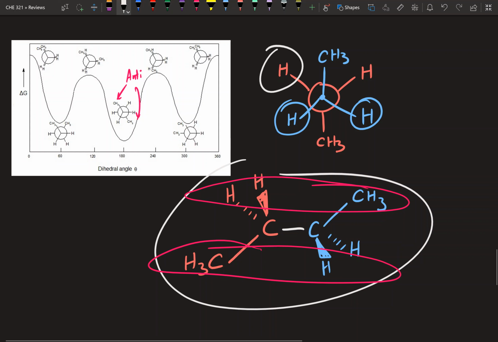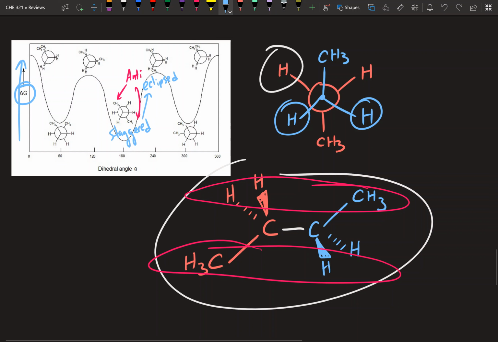Okay, and so a 60-degree rotation, if we go from staggered, means we're going to now go to an eclipsed conformation. Remember, eclipsed conformations have a lot of overlap in terms of the atoms on the molecule. The more overlap you have in a Newman, the more unstable it is. And the way we look at instability is over here on this y-axis, where we have delta G. Again, sorry for any Gen Chem PTSD, but this stuff is connected.